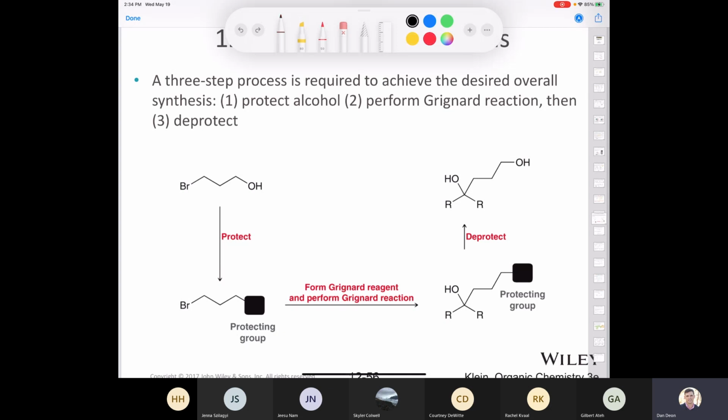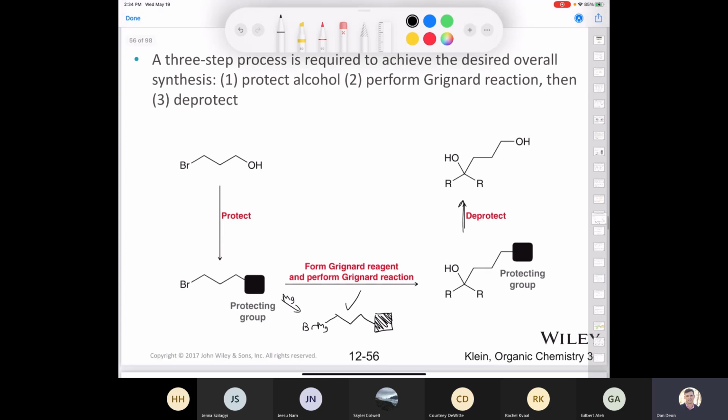If you treated this with magnesium, you'd end up with your black box, okay? But then you'd have MgBr, and that is something that could exist. So then that can behave as a Grignard reagent, and you can act as a nucleophile, you generate your new alcohol, and then you remove that black box.